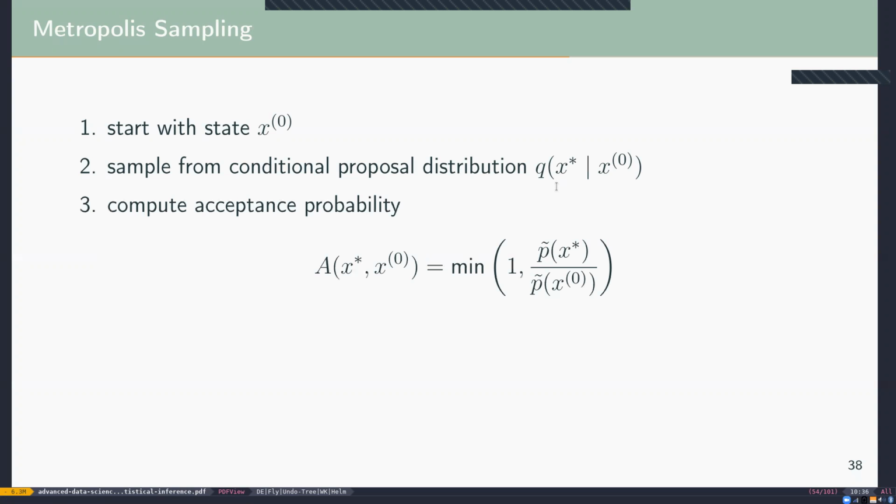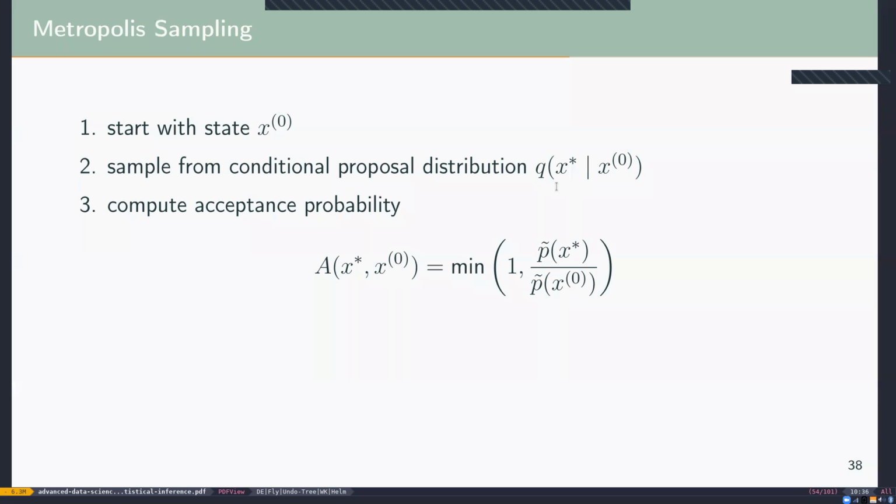And then you want to be able to do some form of exploration-exploitation trade-off. So now you want to say, should I accept this new state? And what you do is you compute an acceptance probability, which is the ratio of the probability where you were before and the probability of the new value.